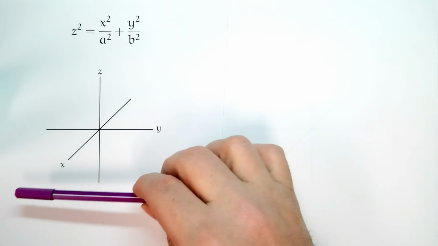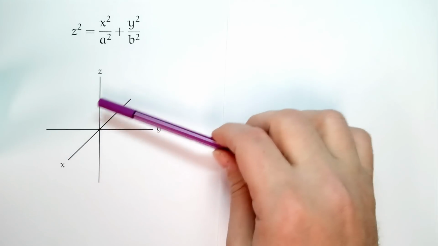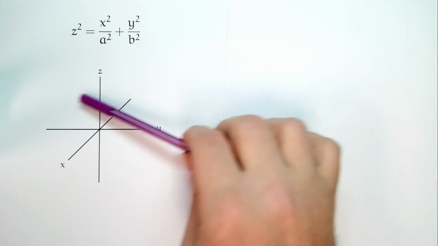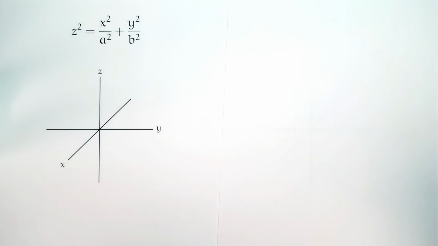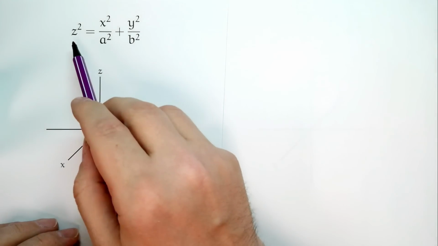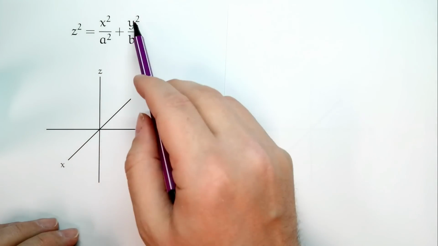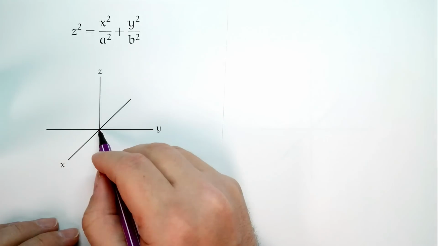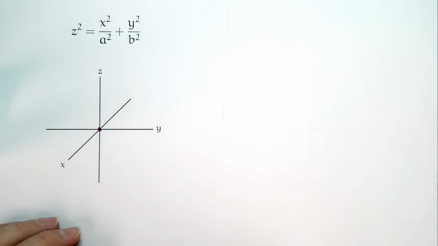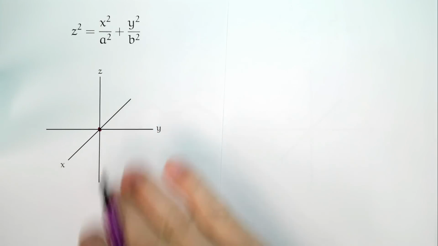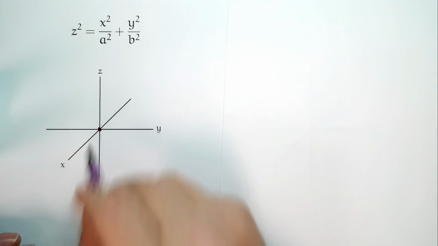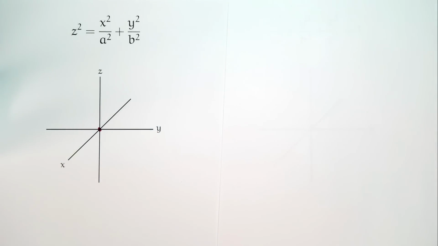So let's look at what's happening in the xy plane, that's z equals 0. What do I get? Well, on the xy plane, if I have x squared over a squared plus y squared over b squared equals 0, the only thing I can get is 0. So in the xy plane, I get just a single point, the origin. So this is an origin story.